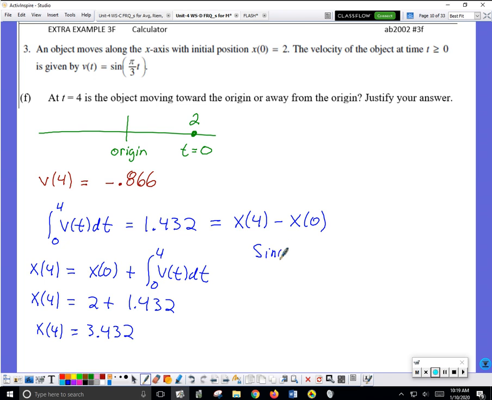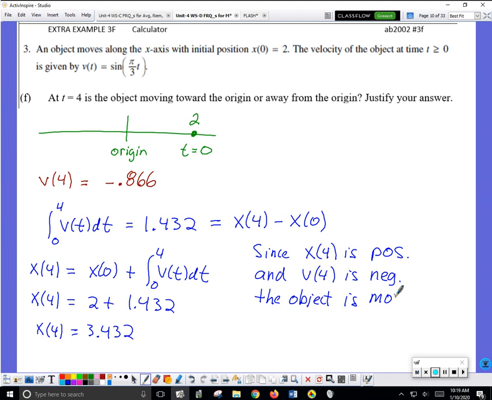Since the position at time 4 is positive and the velocity at time 4 is negative, the particle or the object is moving towards the origin at time equal 4.